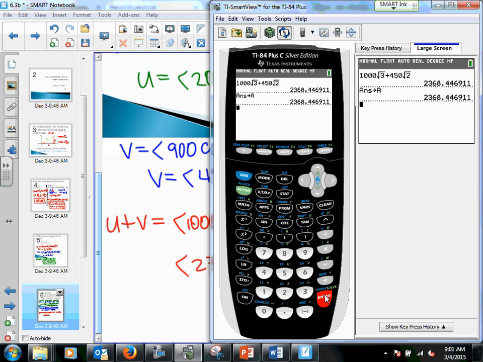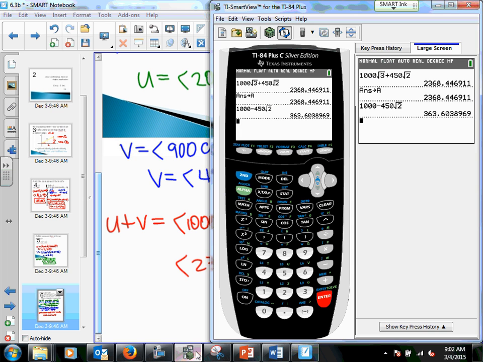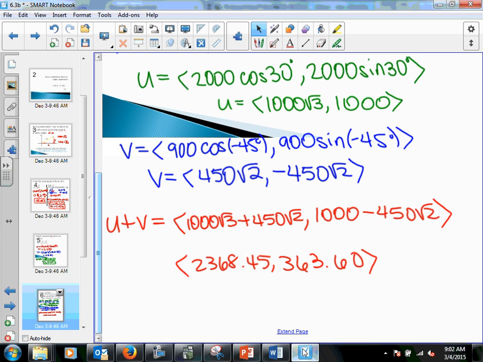Then our vertical component was 1000 minus 450 radical 2, which is 363.60. And I'm going to store that in alpha B. All right, why did I do that?